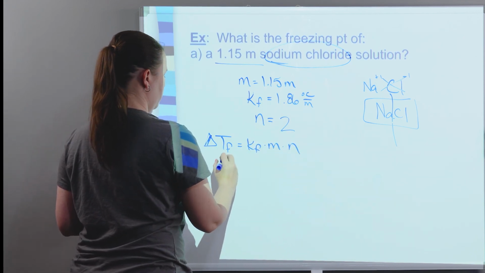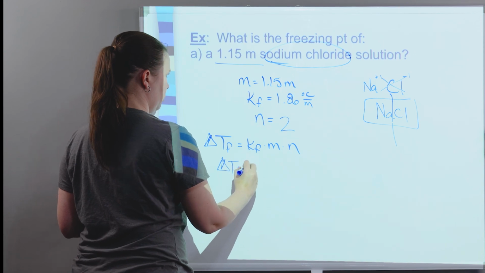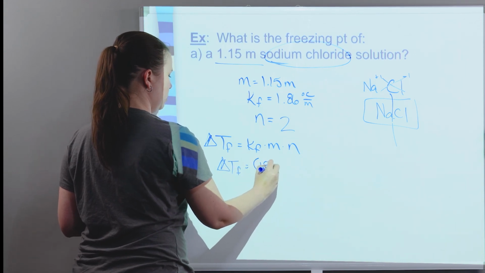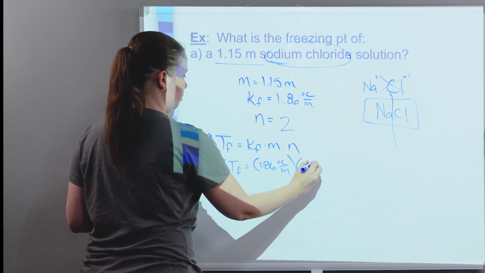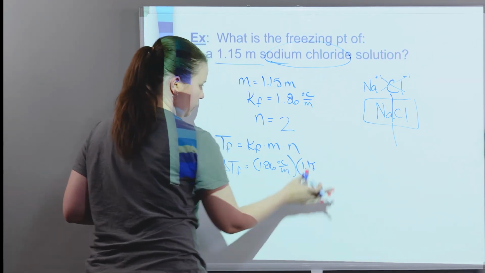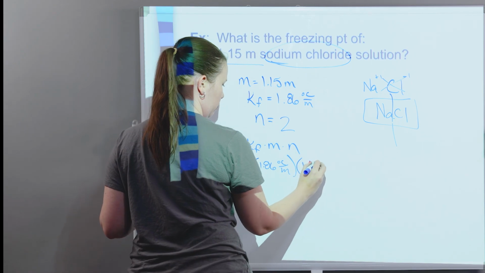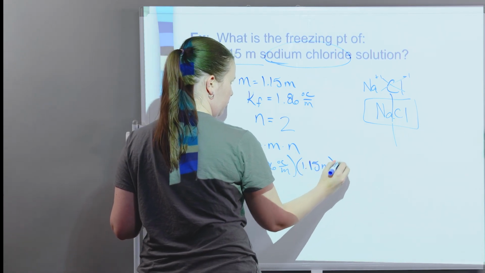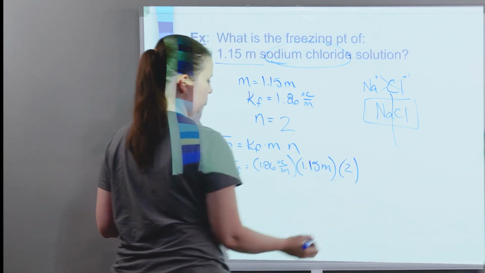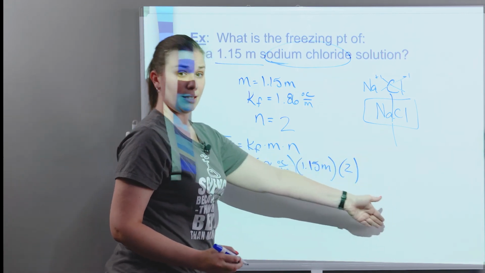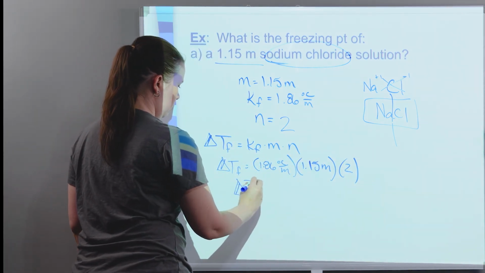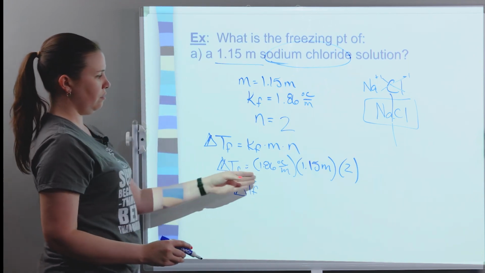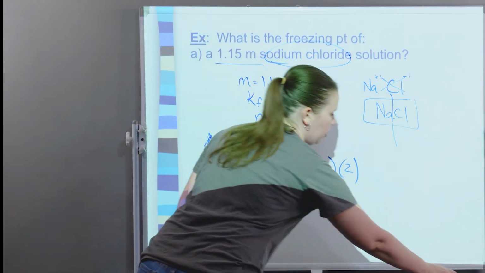So let's find our change in freezing point, using the 1.86 degrees Celsius per molality, my 1.15 molality, and the N now of 2. See how the number of particles is literally a multiplier for what the delta T would be. So what is the freezing point if I now work out this mathematically?